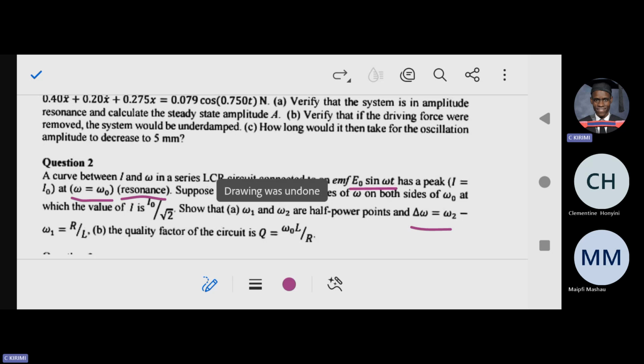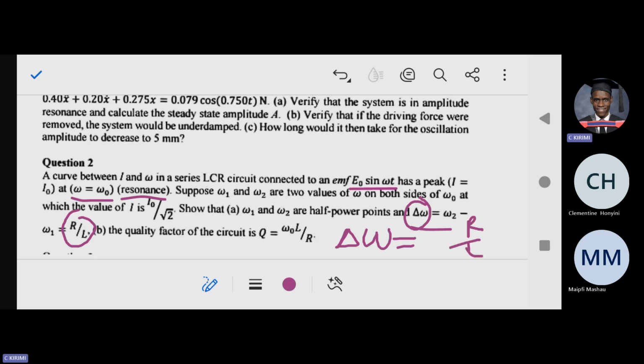When you are done, show that this delta omega is equal to R over L. So when we show that delta omega is equal to R over L, then we'll be done. And when we show that they are half power points, there is a way of showing how omega 1 and omega 2 are half power points. So it's just a matter of derivations.